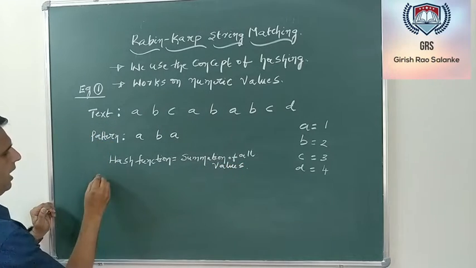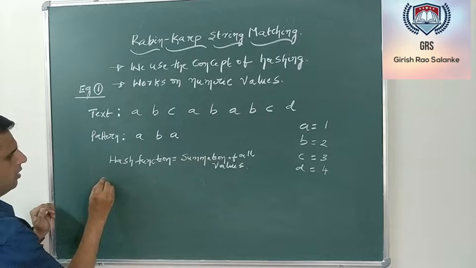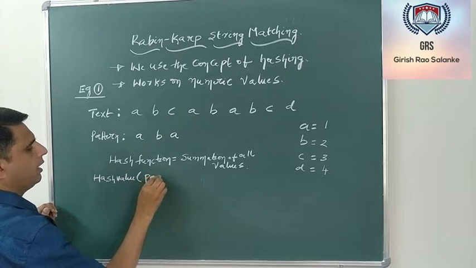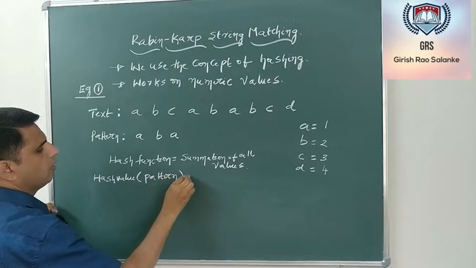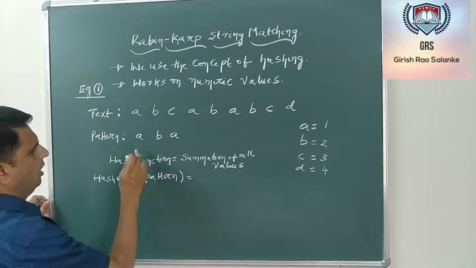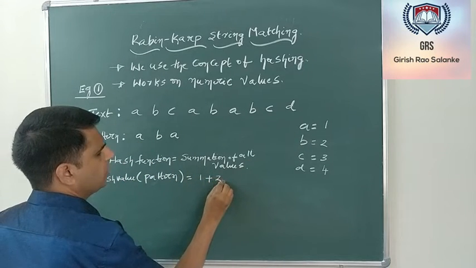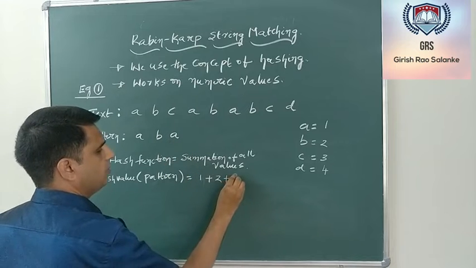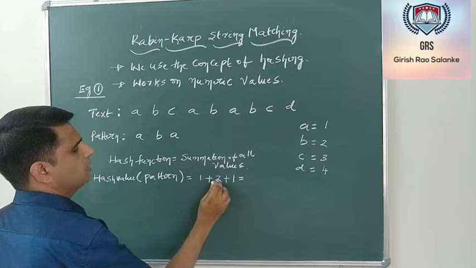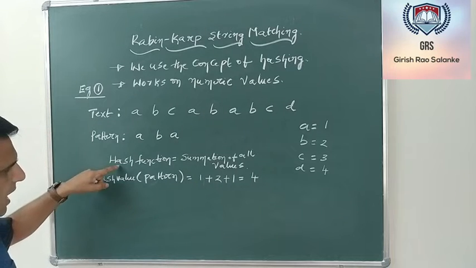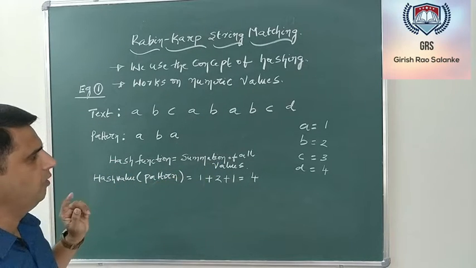In the sense, the hash value of my pattern is how much? A is 1, plus B is 2, and A is once again 1. So this is 1 plus 2 plus 1, which is 4. So I have to note that my hash value is nothing but the summation of all values.